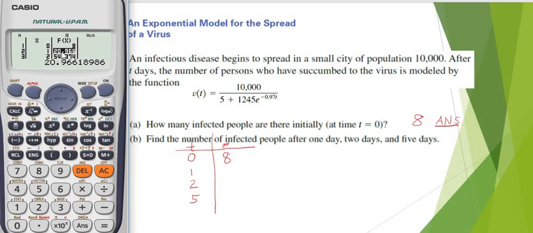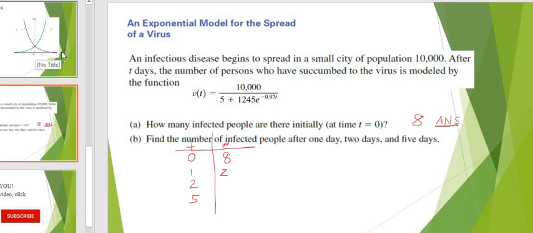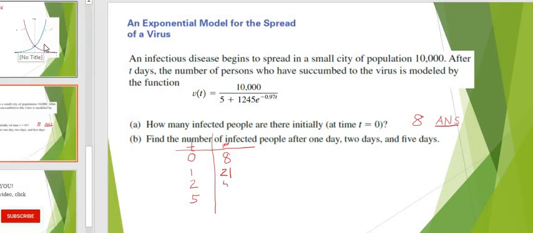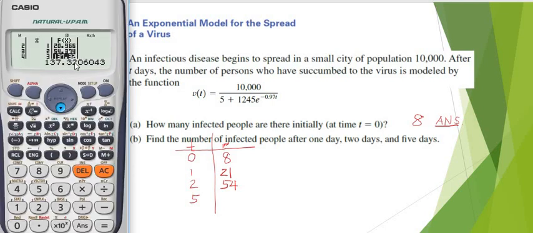After 1 day, we would expect there will be 21 infected people with the virus. At time t equals 2, we have 54. And on the 5th day, we have 678.